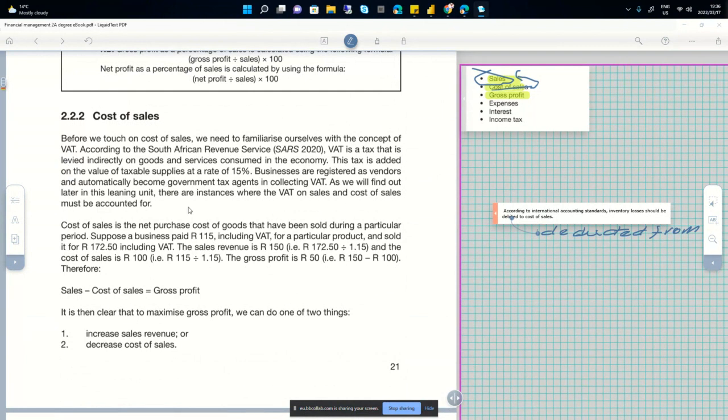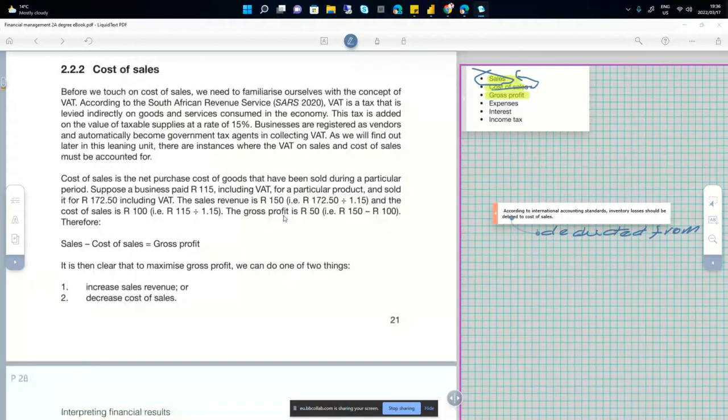And so any vendor out there automatically becomes an agent of the government, helping the government to levy that tax on goods and services consumed in the economy, right? So this is pretty simple, as you can see.